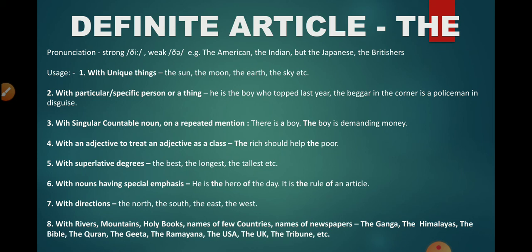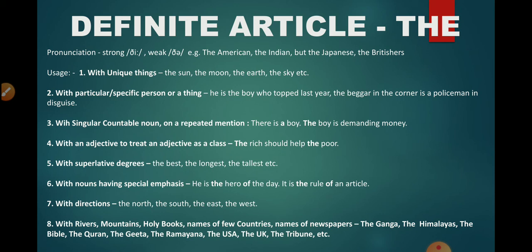Fine. In our example, we have written: the rich should help the poor. Means all the rich people should help all the poor people. Fine. So this is again an important rule concerning the definite article.